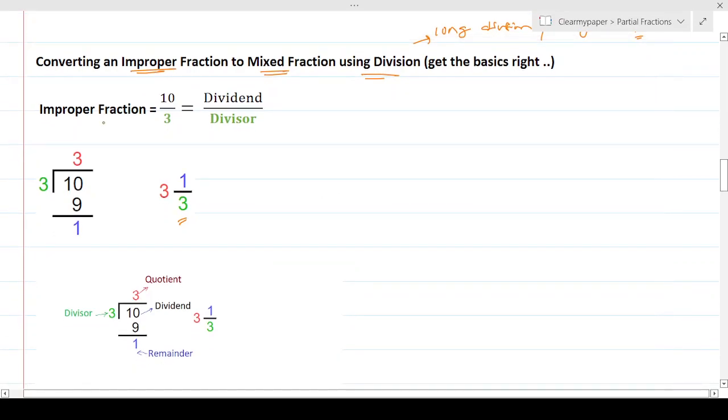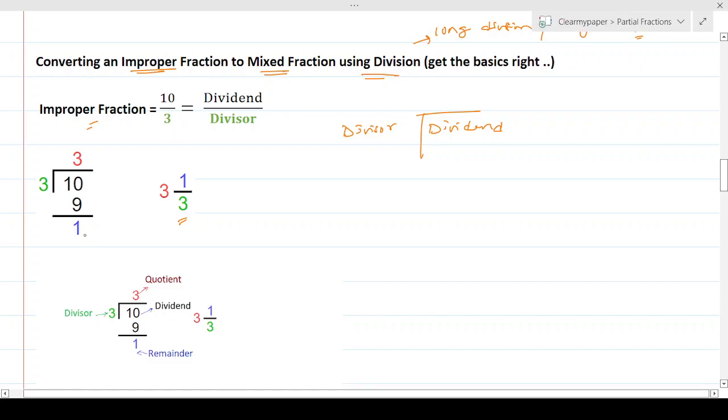Let's take an improper fraction where the numerator is bigger than the denominator. So we have 10 by 3, and we know that whatever is inside the bracket, the numerator, is the dividend, and whatever is outside, which is the denominator, is the divisor. I put it here, use the visual. Once we start dividing, we know that 3 times 3 is 9, and then the remainder is 1.